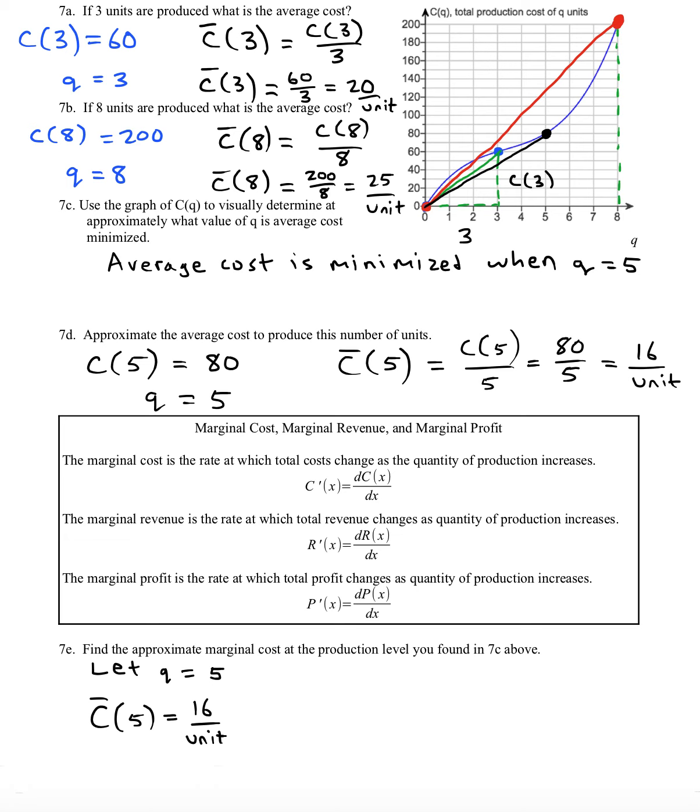Now to answer this question, we want to look really close at the slope of the blue cost curve here and see how it may compare to other slopes that we see. We drew a secant from the origin to that point, and check out the direction that the secant is going.